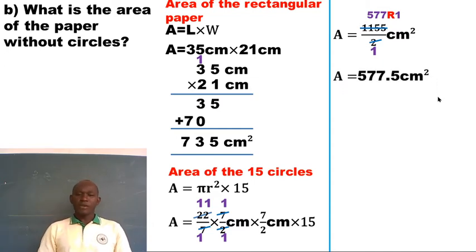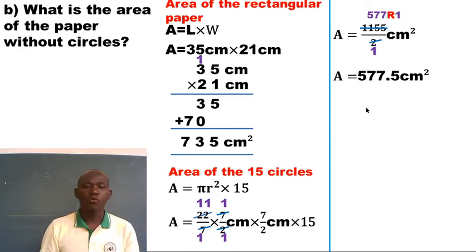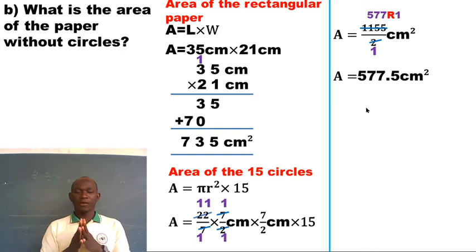So the area of 15 circles will be 577.5 square centimeters. Or if I don't want to use a decimal point and I want to use fractions throughout, my area is going to be 1,155 over 2 square centimeters. Now, how do I get the area of the space not covered by circles?